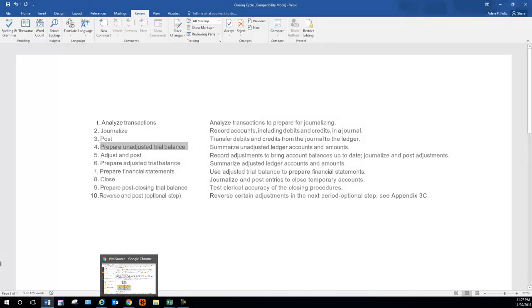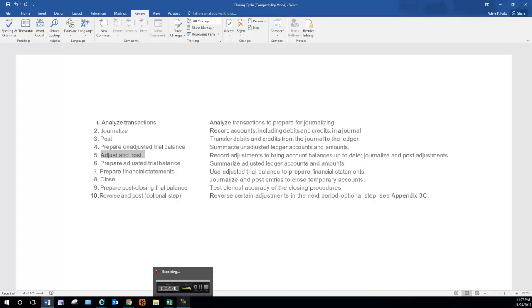And then Part B picked up on step number 5, which is where you adjusted the accounts. You analyzed them to bring them up to date. You journalized the adjustments. And then in Part B, we introduced that worksheet. So you got to post in the worksheet.